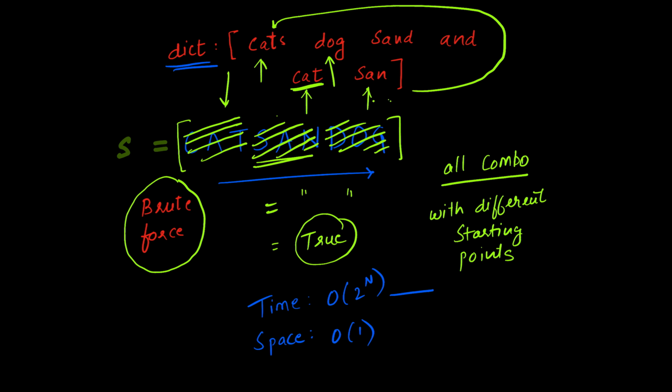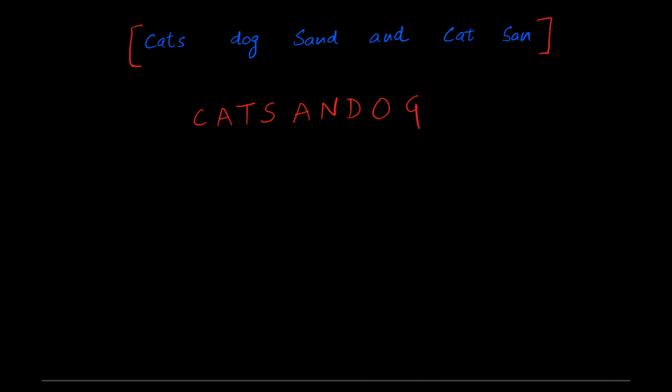Now let's discuss an optimized solution to solve the very same problem. One issue in the previous approach is that we had to run multiple iterations on the input dictionary to check if the word exists in the string S. Due to that, there were several duplicate calculations, which increased our overall time complexity.